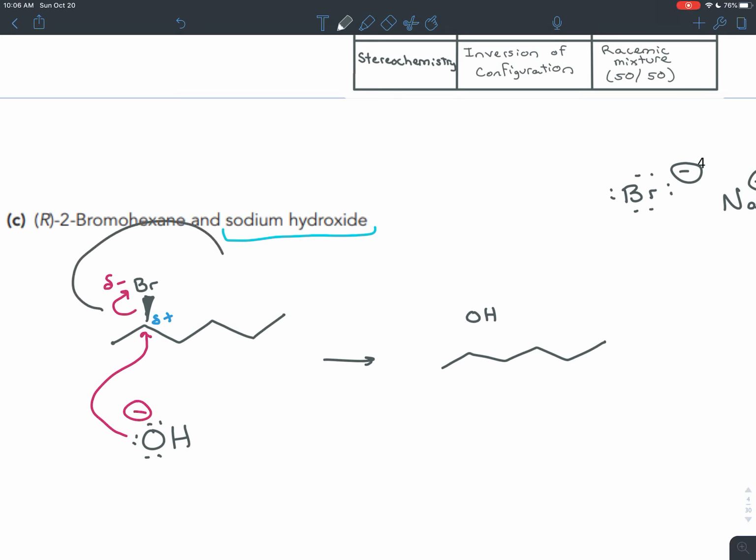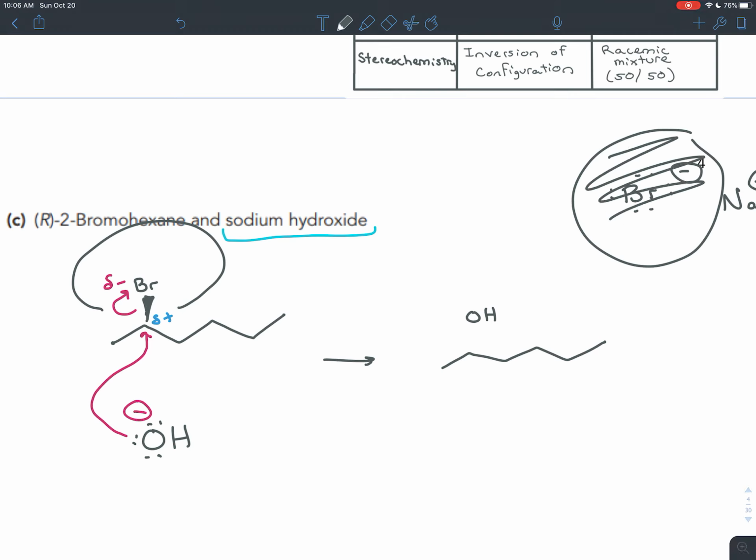Leaving groups are good leaving groups because they're so big. They're able to leave and take this gigantic charge because they dilute it by spreading it out over a huge area. So they're really big, so that makes them great leaving groups, but it also means it's too crowded there for a nucleophile to attack on the same side that the leaving group's on. So if the leaving group is pointing out towards us, there's no room toward us for the nucleophile to attack.